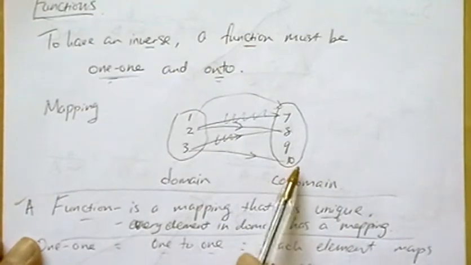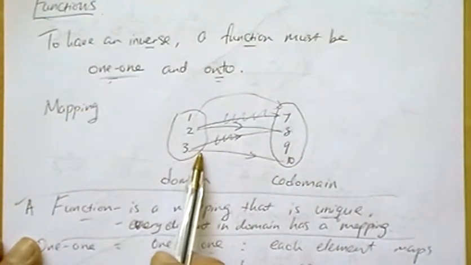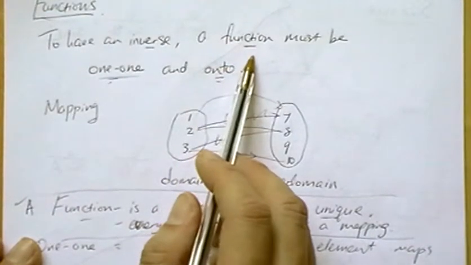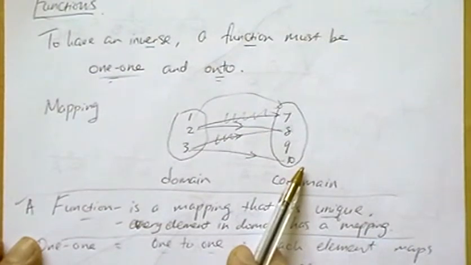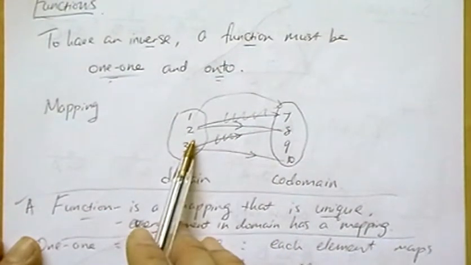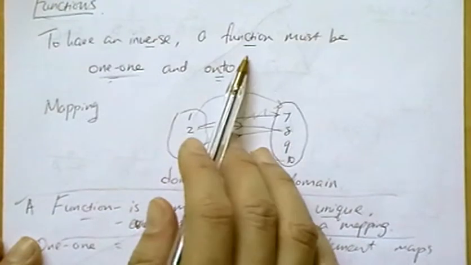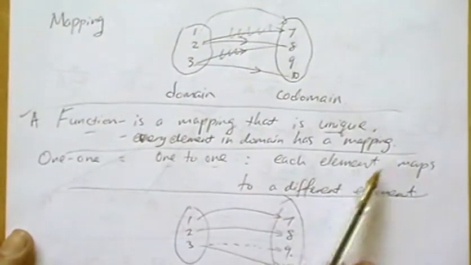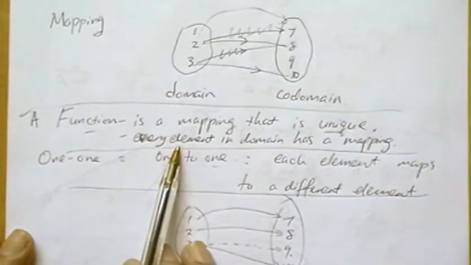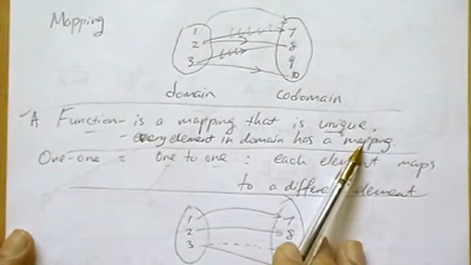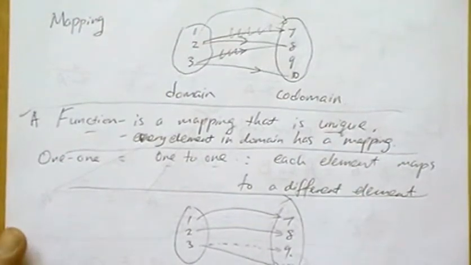Okay, and from the inverse mapping we can get the idea of an inverse function. It's by simply saying that the inverse mapping will be an inverse function as long as the inverse mapping has this property of a function, that it is unique and that every element in the domain has a mapping.